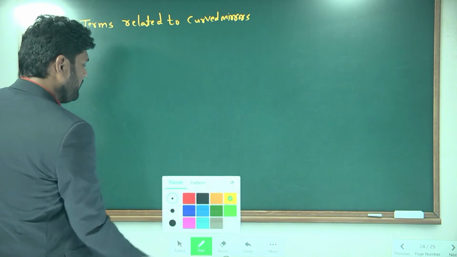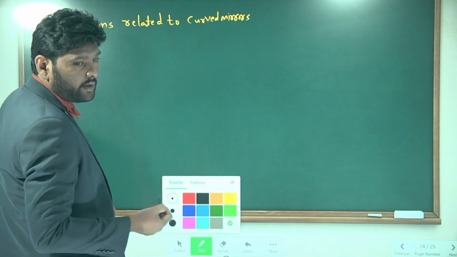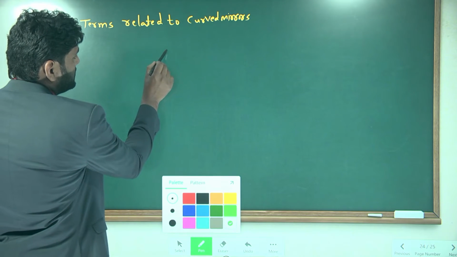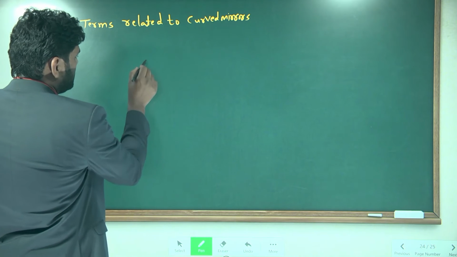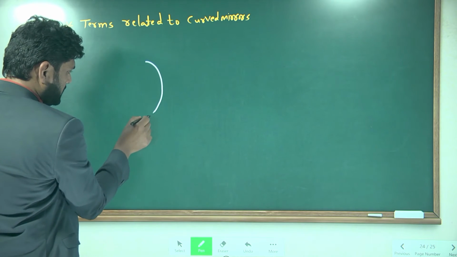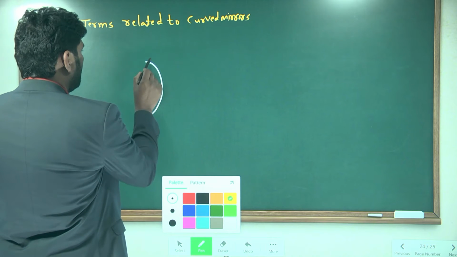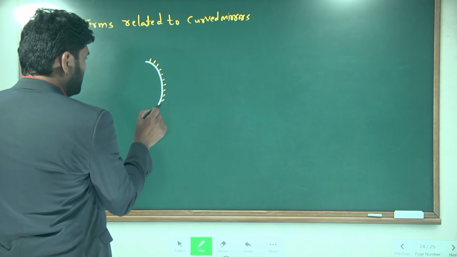So now, I will take the example of a concave mirror. Look here, this is a concave mirror. When it is a concave mirror, this side is the coating.